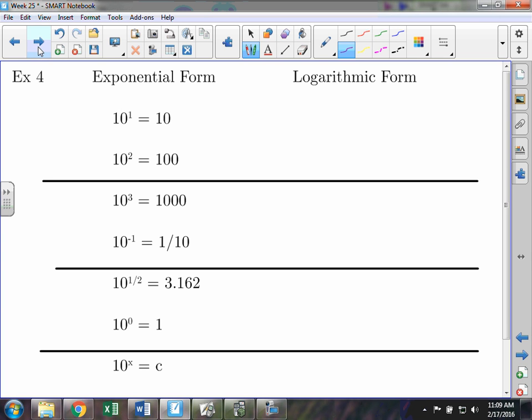That's what we're going to look at today. What is that connection that John Napier came up with?